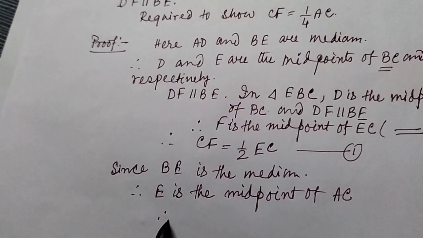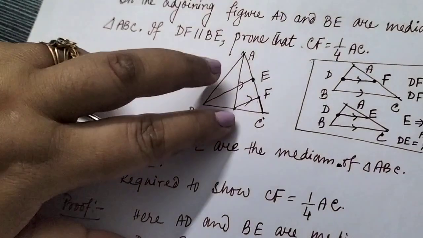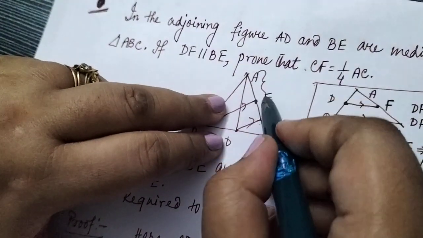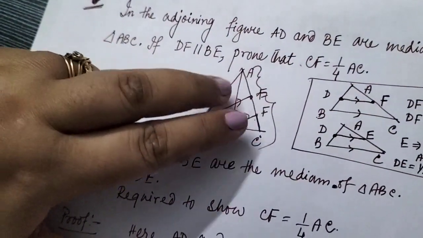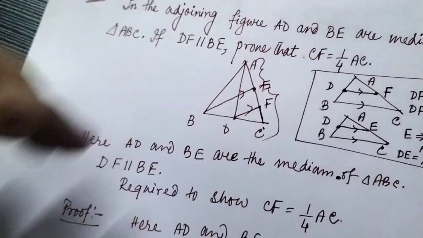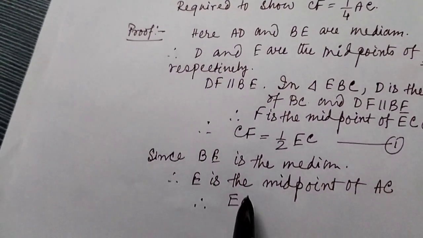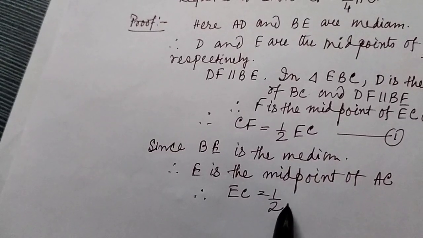So we can say EC, E is the midpoint, right? So these two parts are equal in measurement. So EC equals half of AC. So let's write it. EC equals half of AC.